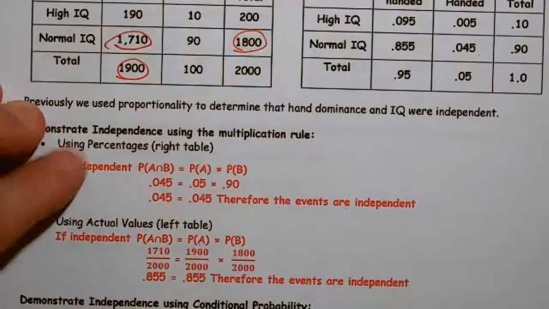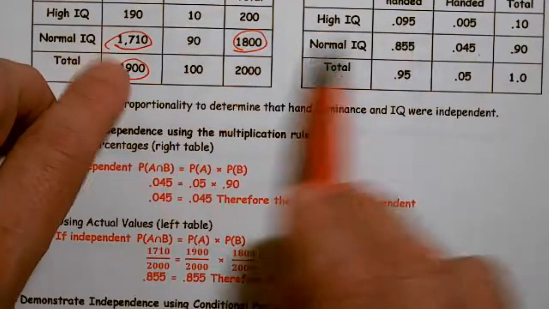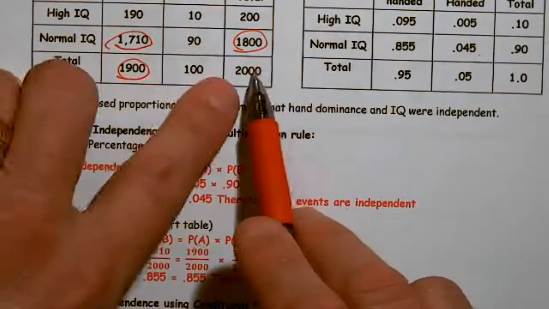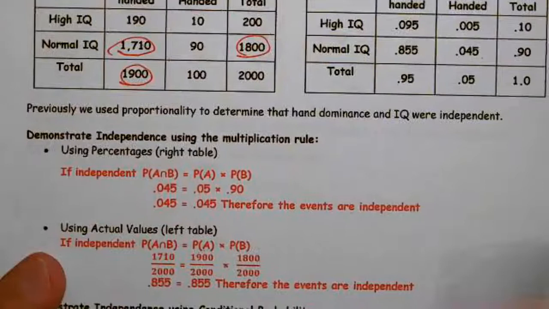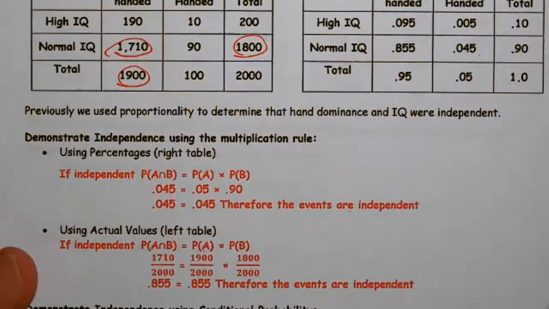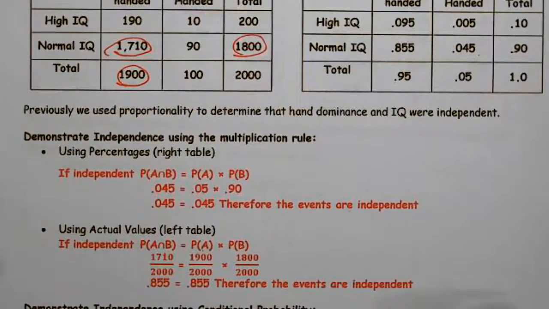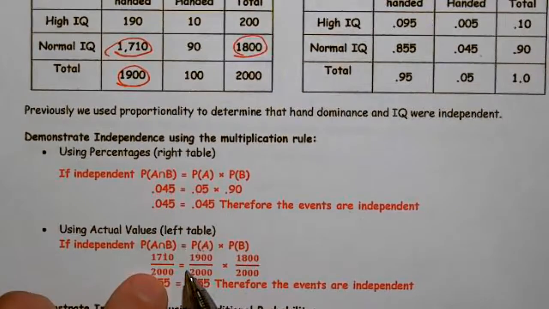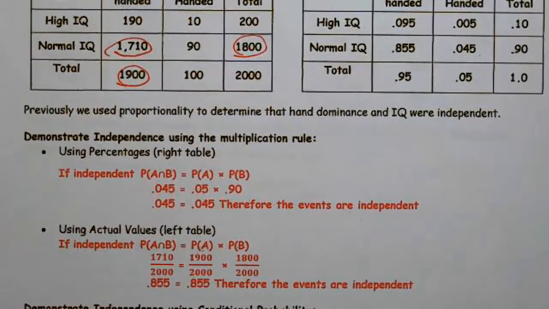The reason is that to create this table, we took every single one of these values and divided by 2,000. So they're essentially the same table. If you're using actual values, all you're doing is dividing by the total.